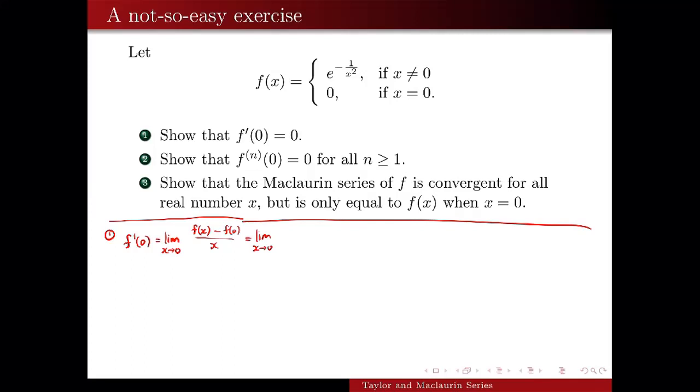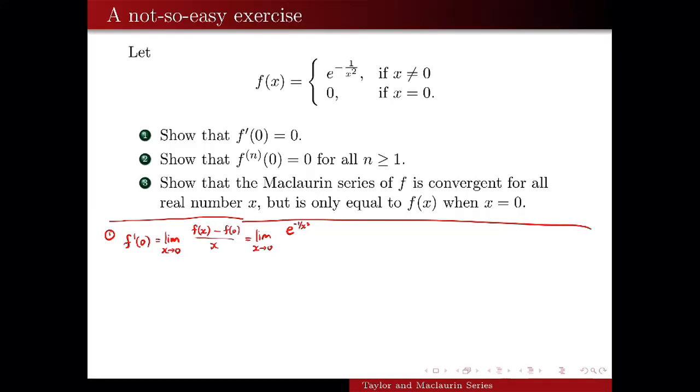Take note that in here we are only approaching 0. So x is not really equal to 0, which means that we are going to use this. So we will have e to the minus 1 over x squared minus f of 0.